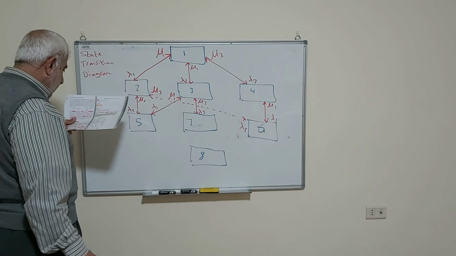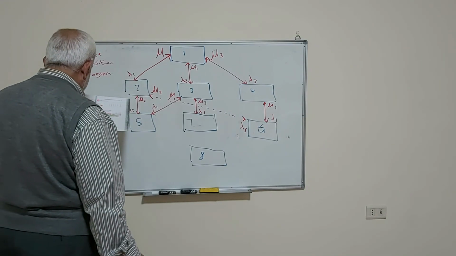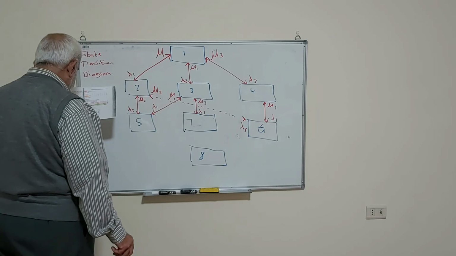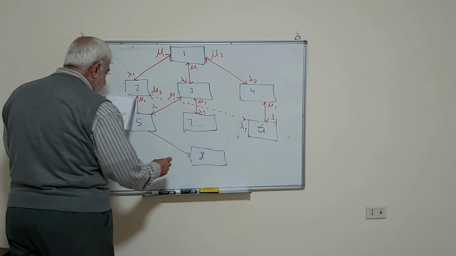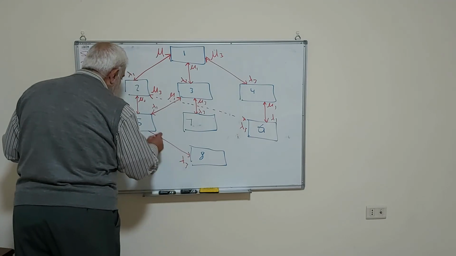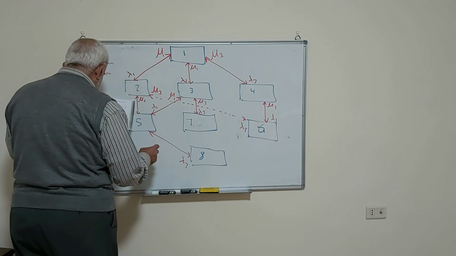And then I can go from state 5 to state 8 by lambda 3 and this is mu 3.